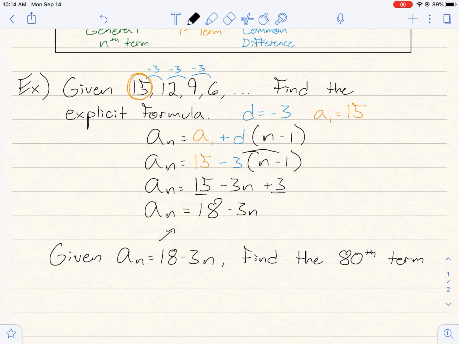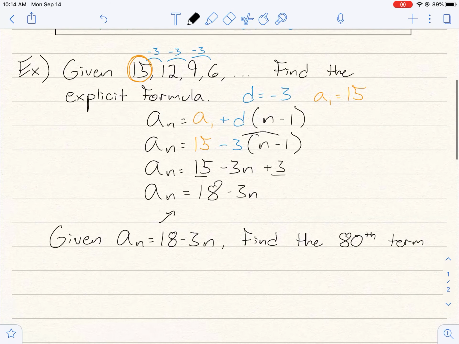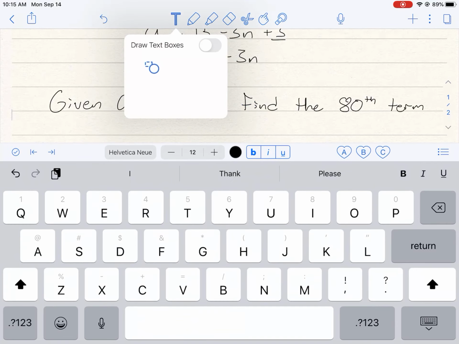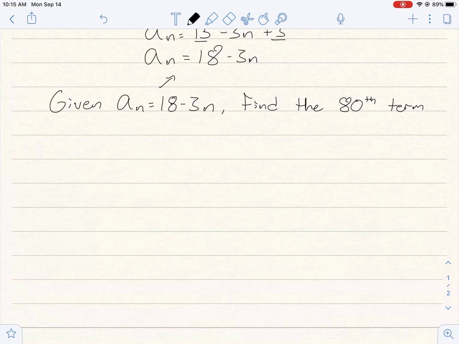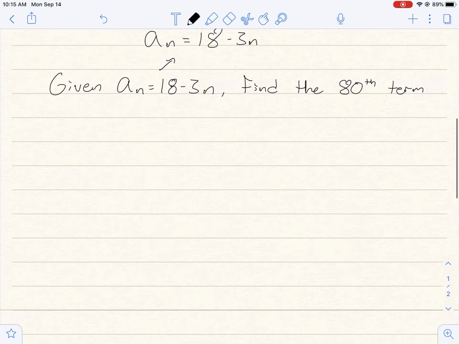Now, there is a way that you could go back to your original list up here. These are the first 4 terms. You could start counting all the way out to 80. It's a very tedious process and one that we don't want you to get into the habit of doing. So we're going to teach you how to use the explicit formula to find a term that's way off into the distance from what you were given.